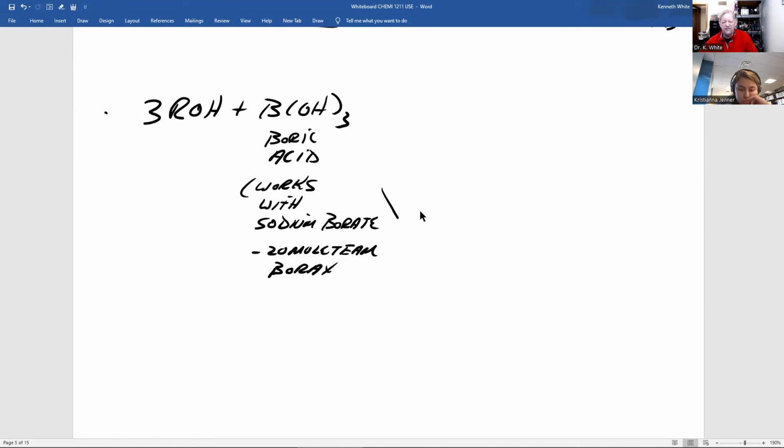It works with sodium borate, which is also commercially known as 20 Mule Team Borax.